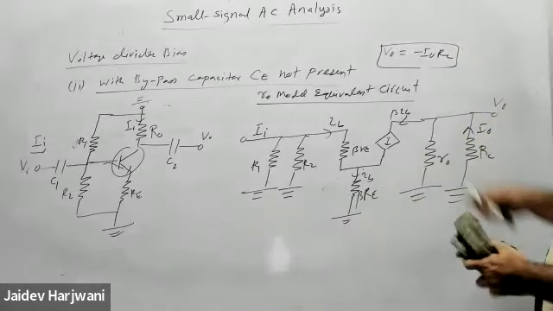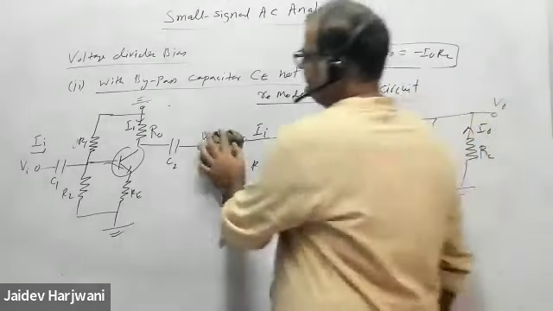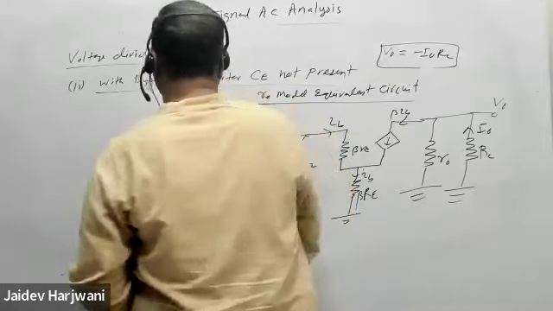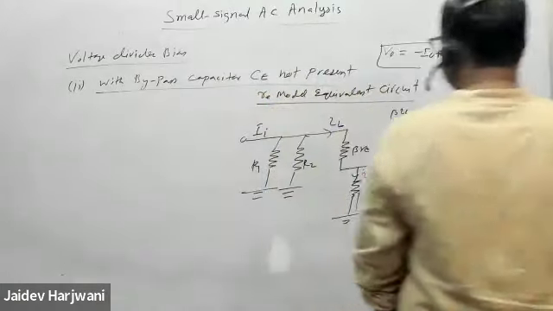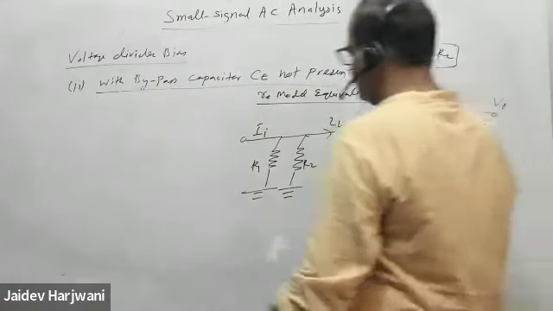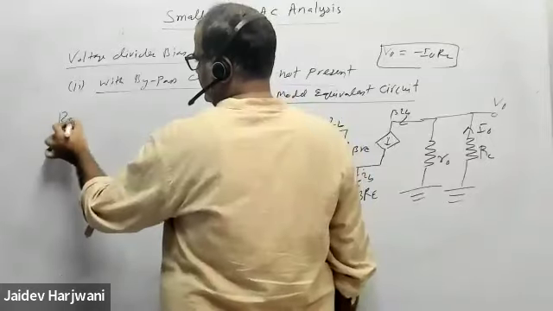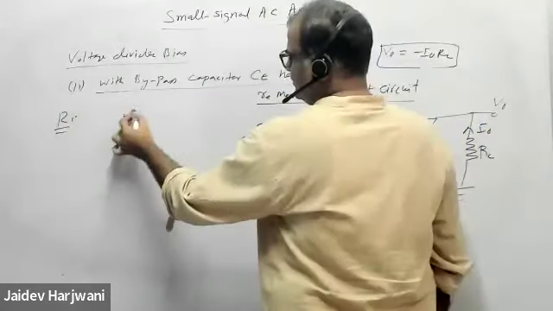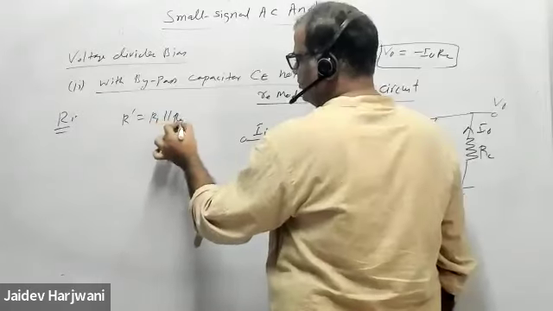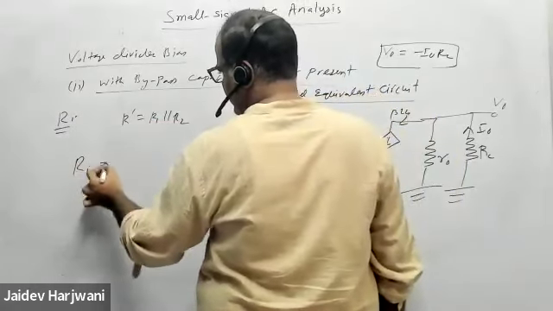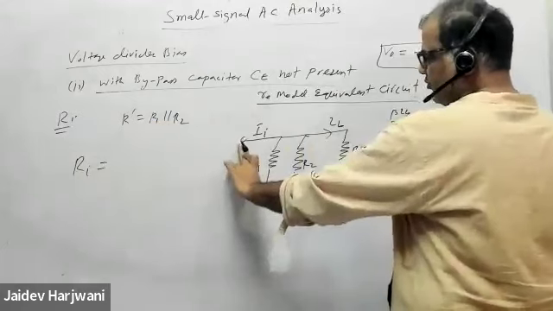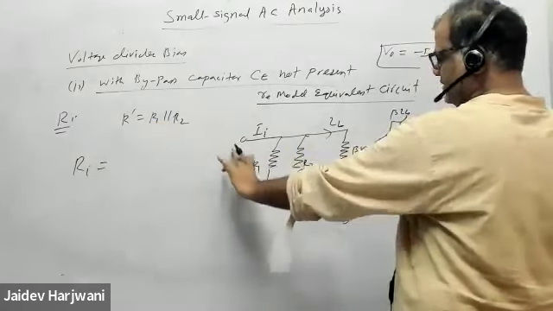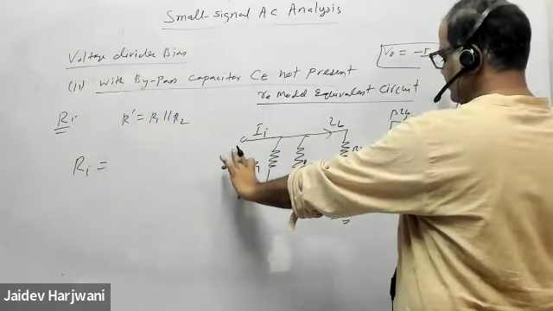So now this is the input resistance, same thing. I am putting R dash equal to R1 parallel to R2. When I'm measuring the input resistance, make all sources open.